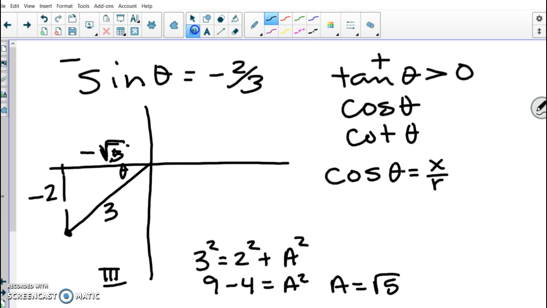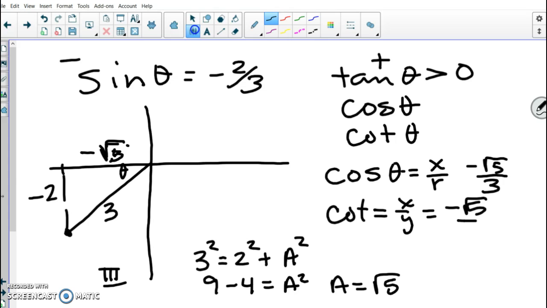And to find the cosine, the x value, negative square root of 5 over 3, would give us the cosine of that angle. We can calculate that decimal value. And the cotangent would be x over y, the reciprocal of tangent, and we can see that we would get negative square root of 5 over negative 2. And then we calculate those decimal values.